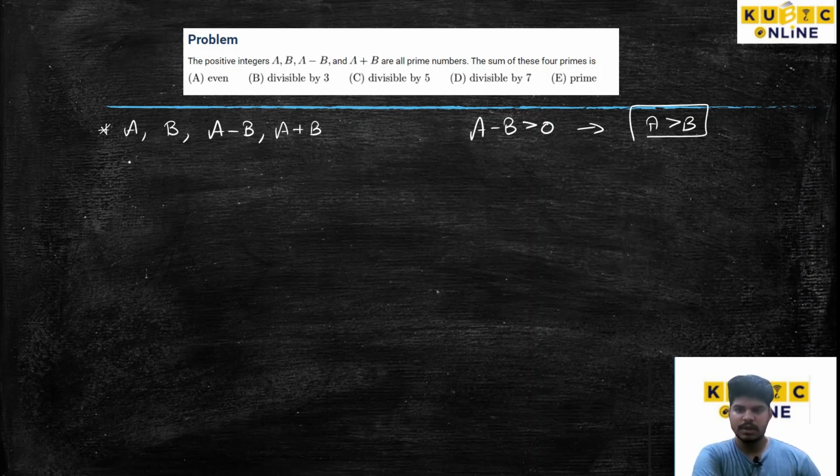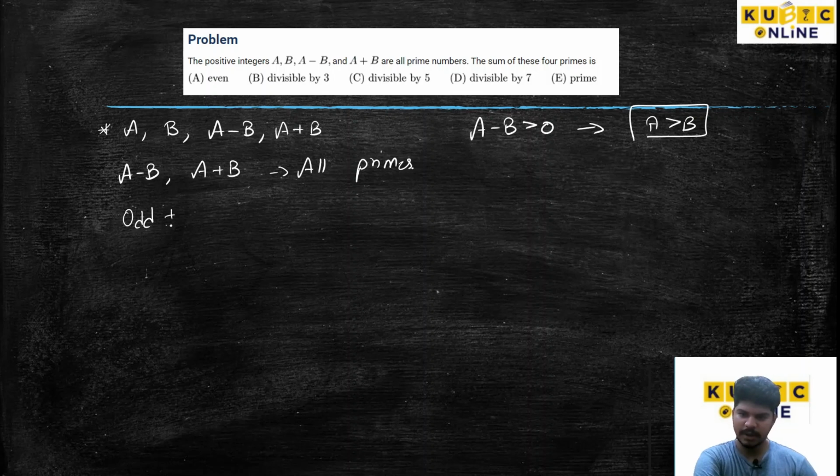So let's see. If a minus b and a plus b are all primes, let's play with parity. Whenever we have a minus b, a plus b, we will play with parity. So odd plus or minus odd is what? Even. Even plus or minus even is what? Again even.